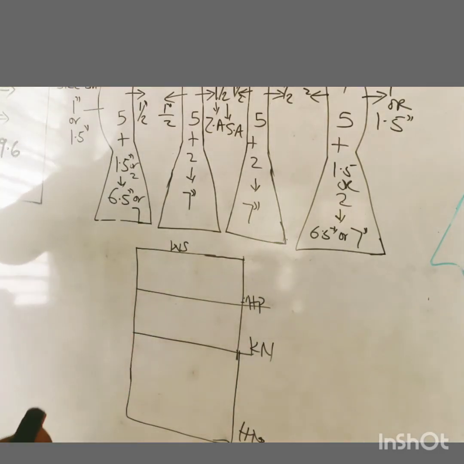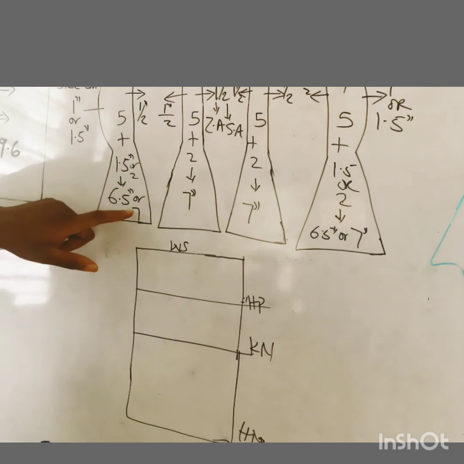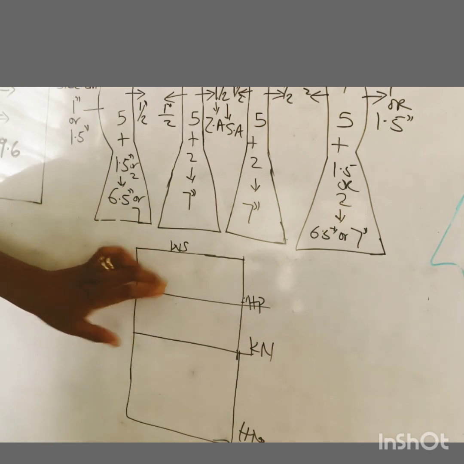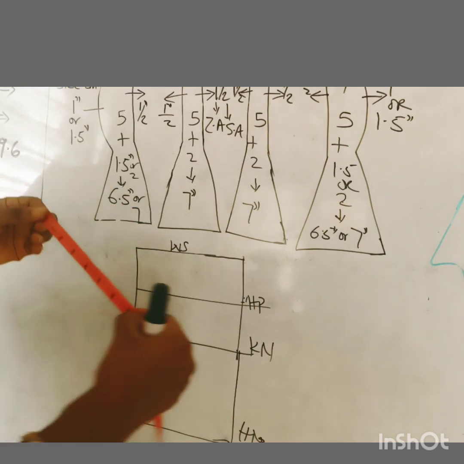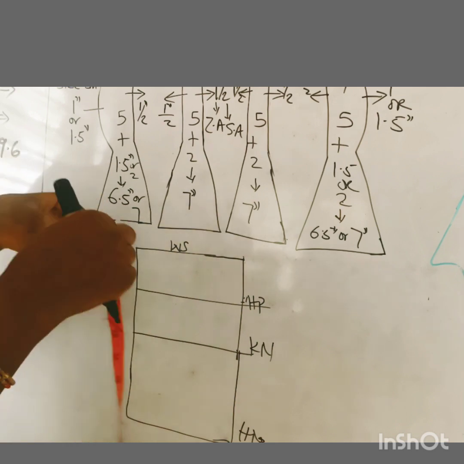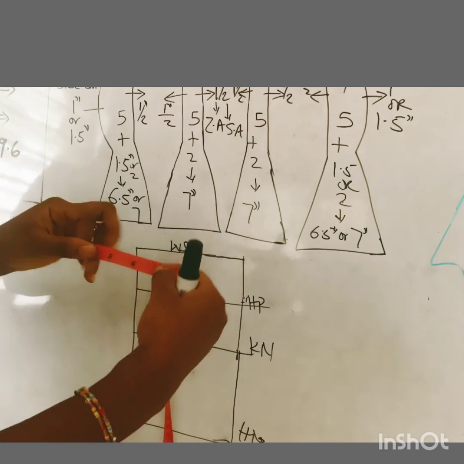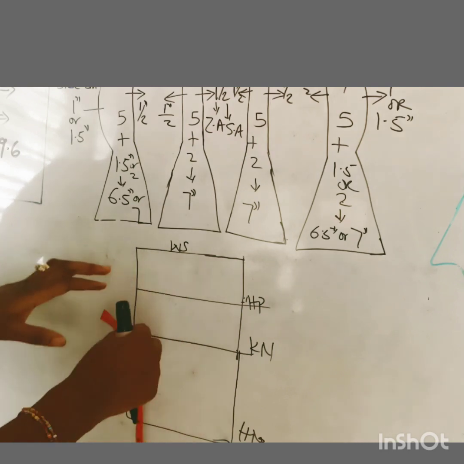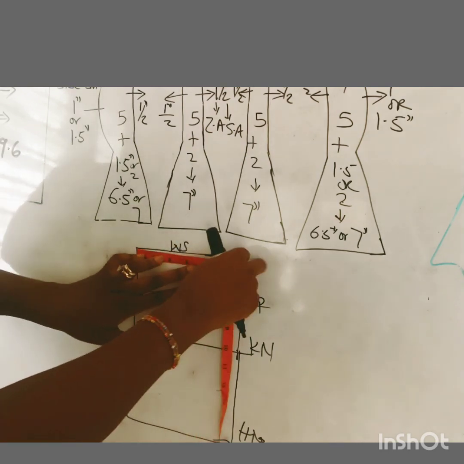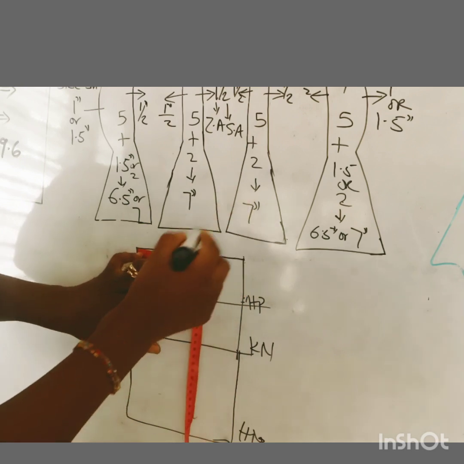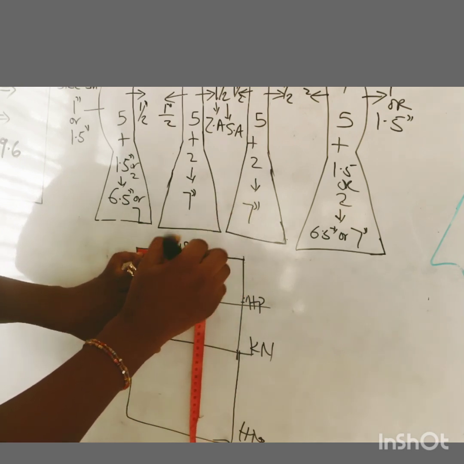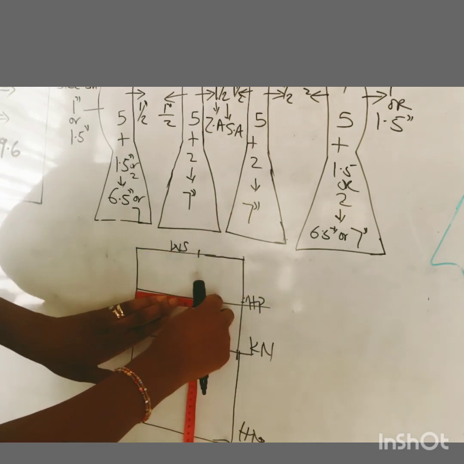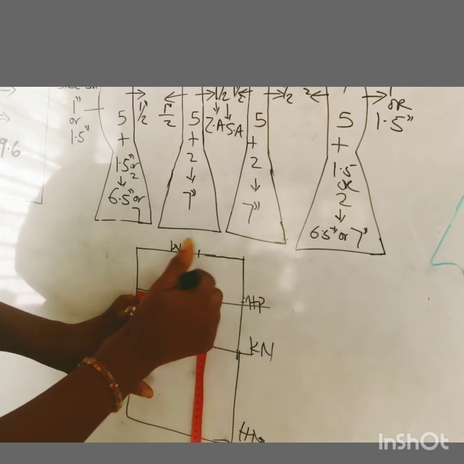So this 7, because the fabric is unfold, this 7 you divide it by 2, and that will give 3.5. So you mark 3.5 on the waist. If you are using an elastic, you also repeat the same 3.5 on the hip.